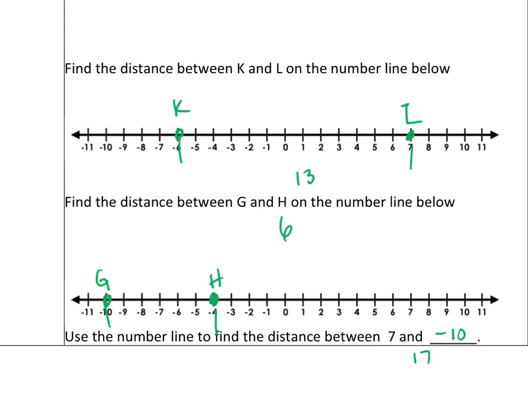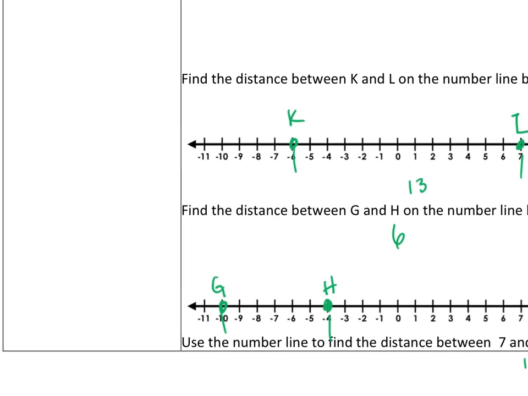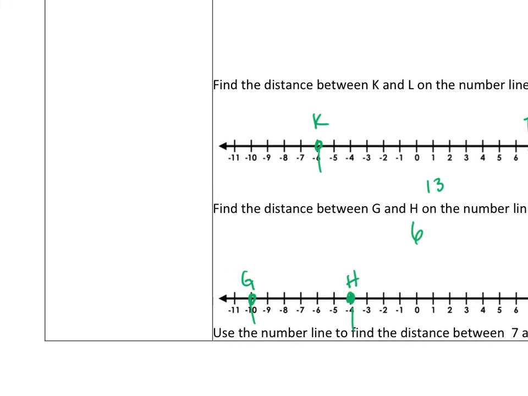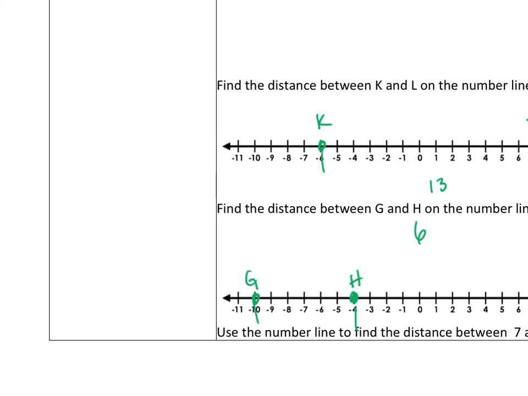Okay, so I'm going to teach you a rule here. This is going to help you because when we're trying to find the difference between two numbers, we're trying to find the distance between the two numbers. And distance is always going to be the biggest minus the smallest. Okay, now you want to be careful on this.